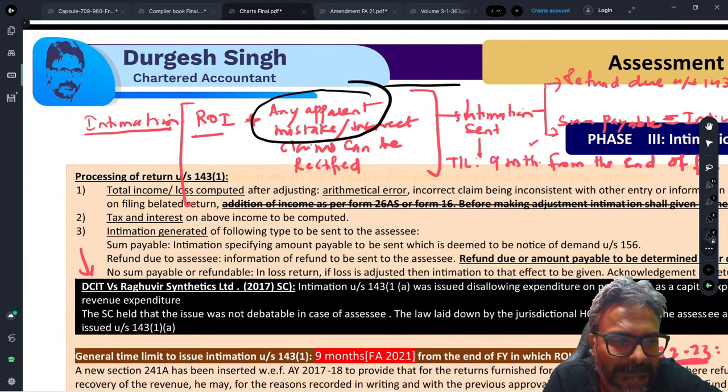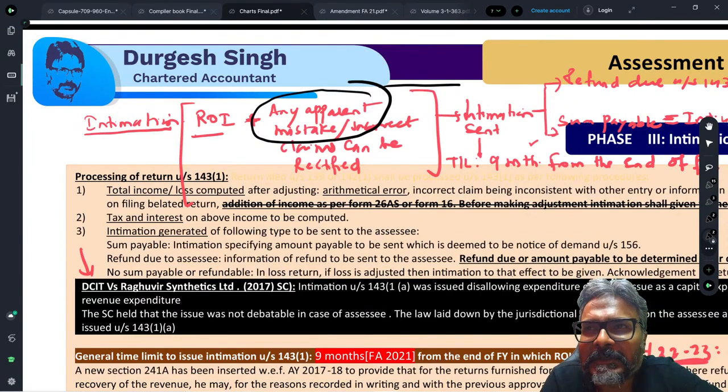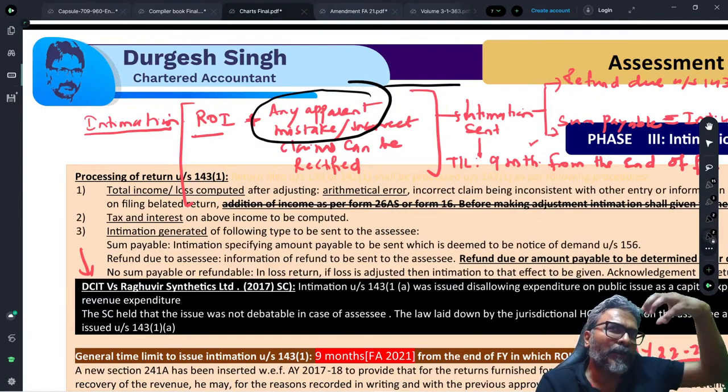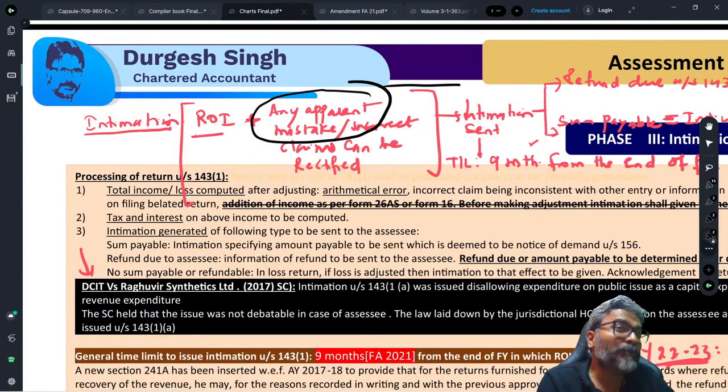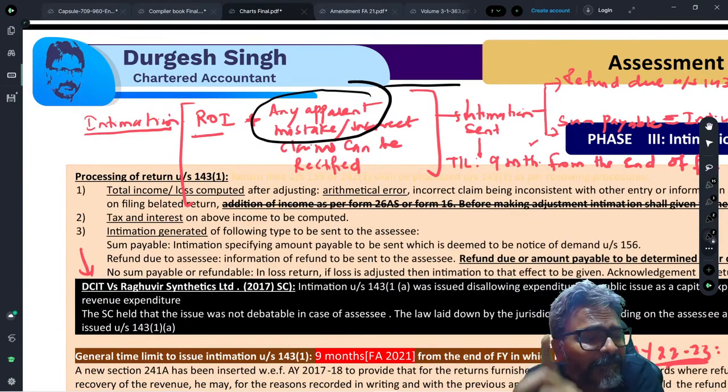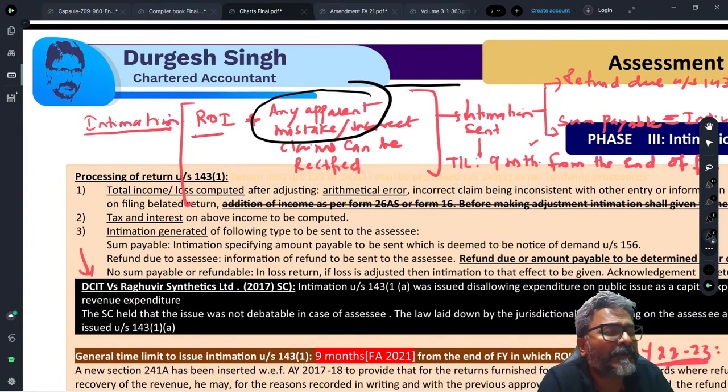So the rectification of that apparent mistake will become necessary by the assessing officer. So please be very careful. If the High Court is your jurisdictional High Court, whose judgment has been overlooked, then that return of income will definitely be referred to as what, students?